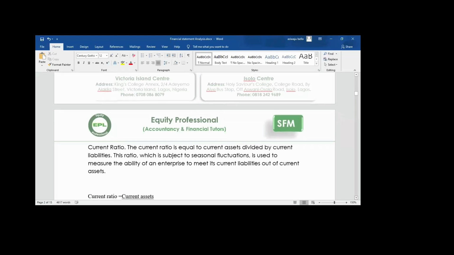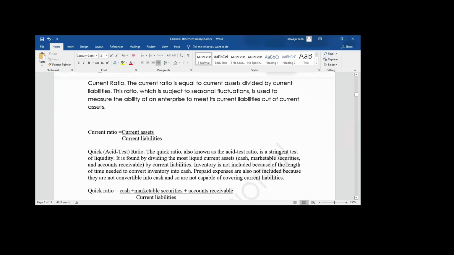We have the acid test ratio. Our acid test ratio is a stringent test of liquidity. Under the acid test, it's assumed that inventory cannot be converted to cash easily.